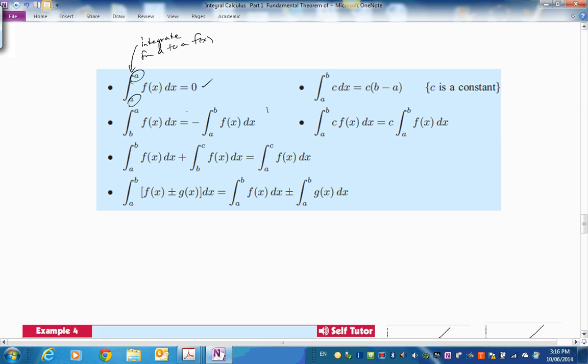So it's going to be 0. We can actually do it this way. This is how we're meant to do it, using the fundamental theorem. You find the antiderivative, the function whose derivative is this, evaluate it at B and take away the value at A. So if you put A and A in there, they come to 0.